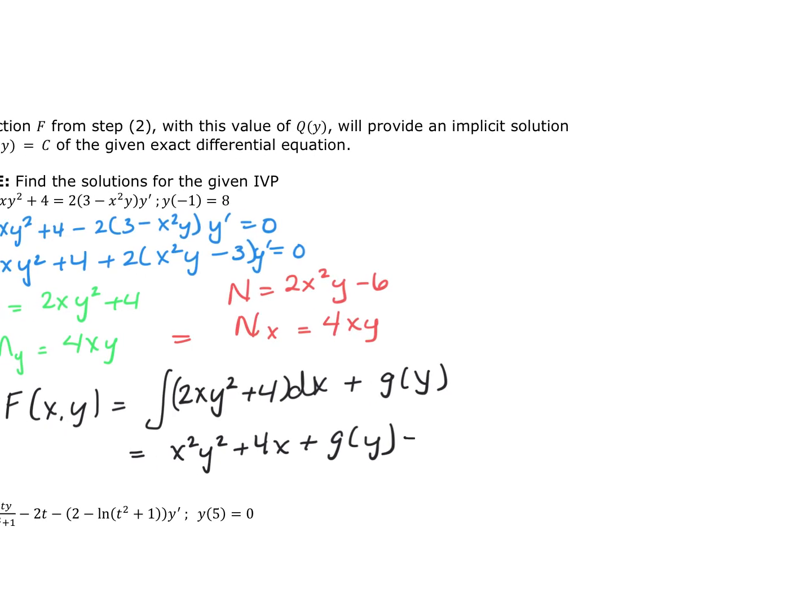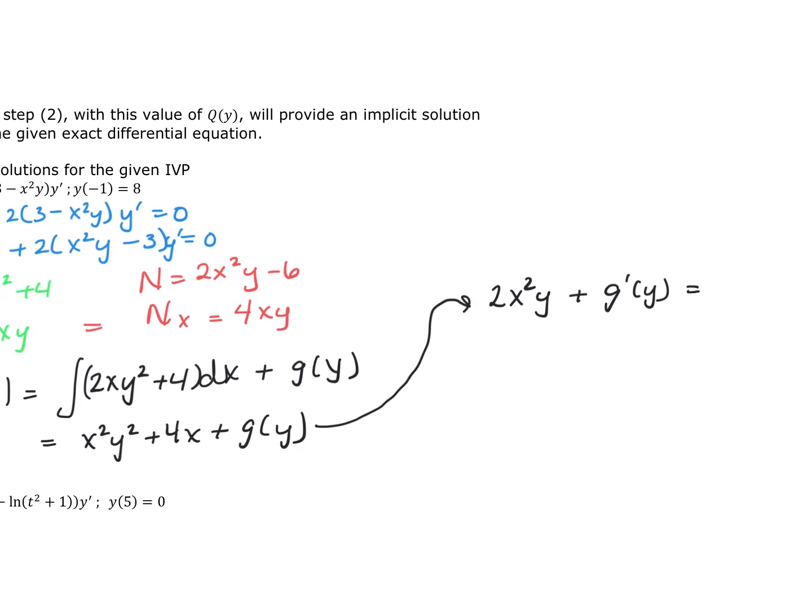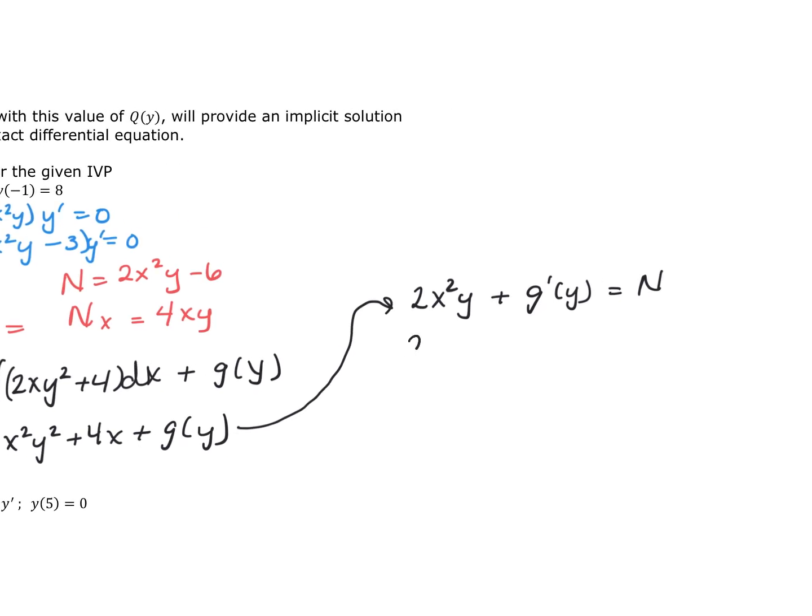Now, if I take the derivative of this with respect to y, then this must be equal to 2x squared y plus g prime of y, and this must be equal to N. If that's equal to N, then 2x squared y plus g prime of y must be equal to 2x squared y minus 6.